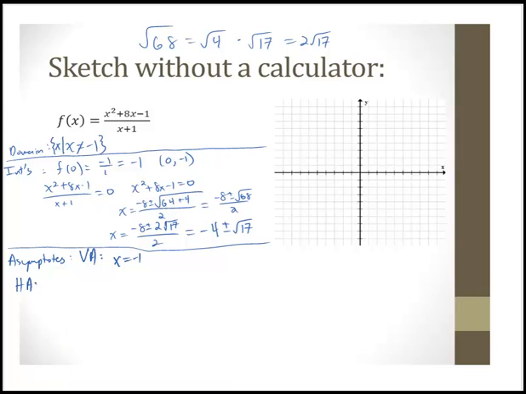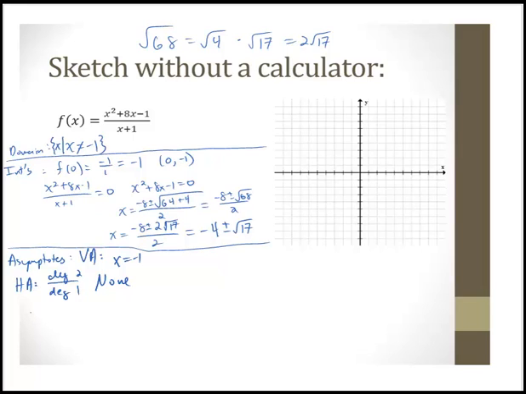Horizontal asymptote: we have degree 2 over degree 1, so none. But since the degree of the numerator is exactly 1 more than the degree of the denominator, we expect a slant or oblique asymptote.